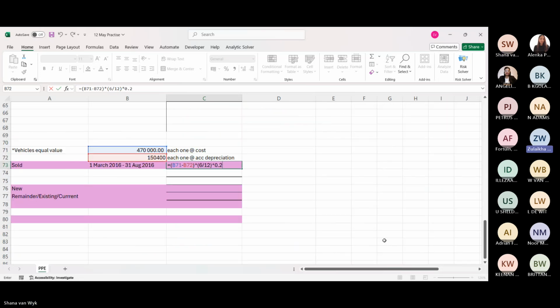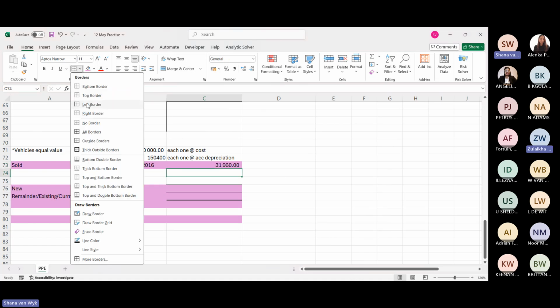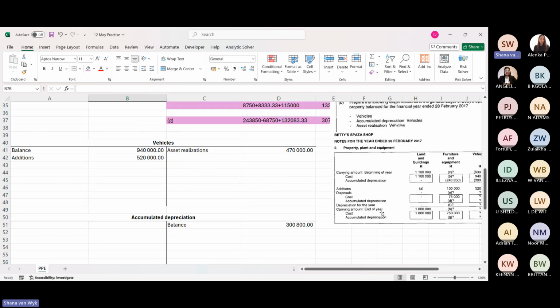Sure. 31,960. Yes. So this is for when we sold the vehicle. This is how much depreciation we must take away. Yes. Okay. Cool.